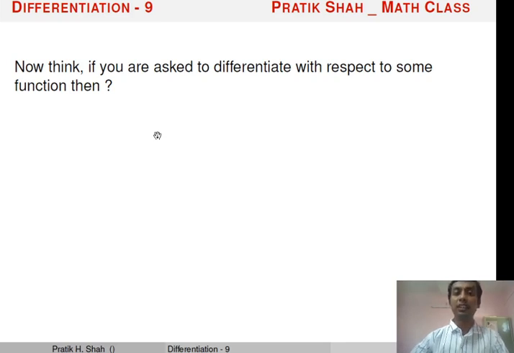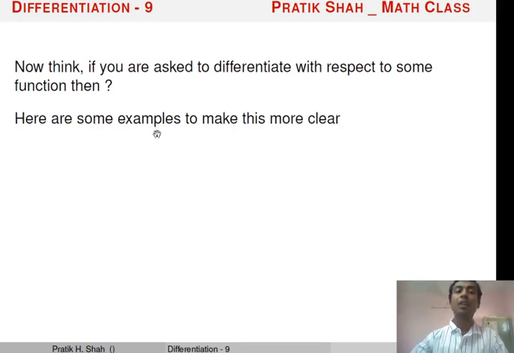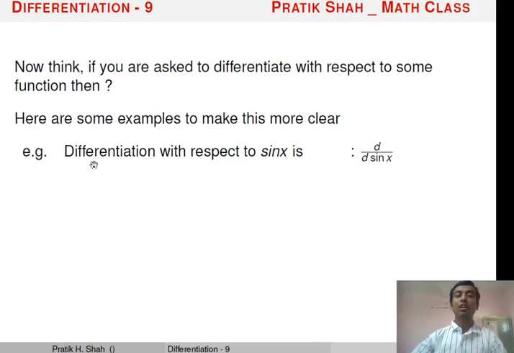Now just think, if you are asked to find out differentiation with respect to some function, then what? Some examples are represented here to make this more clear. Differentiation with respect to sin x is d by d sin x. We know that differentiation with respect to x is d by dx.